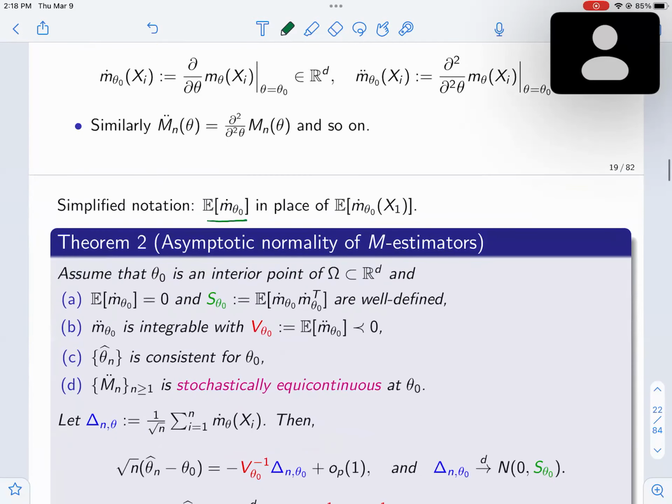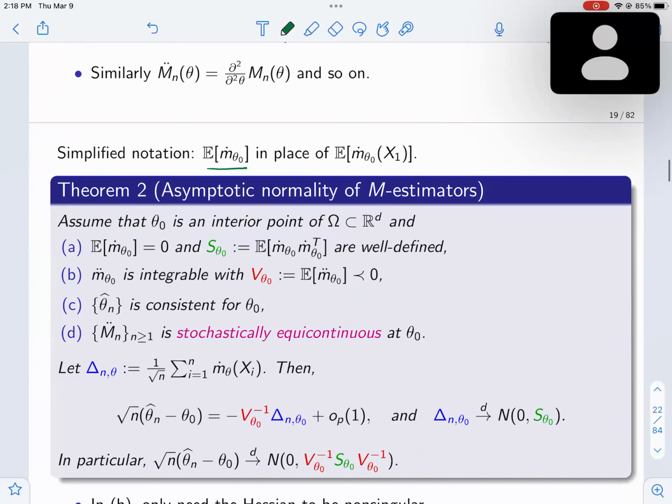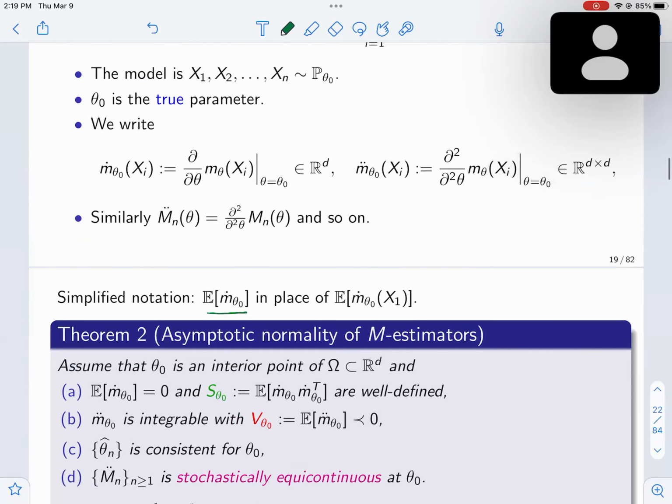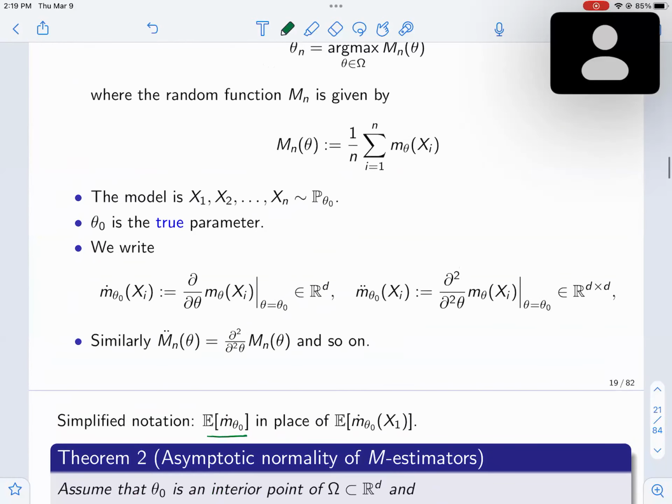With these, you have this result. If theta naught is in the interior of the parameter space, which is a subset of d-dimensional Euclidean space, and we have these conditions, the first one says that the expectation of the gradient of m at theta naught is 0. Let's have in mind a very typical case, where m theta is the log likelihood, log p theta of xi.